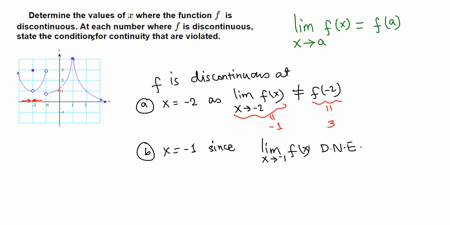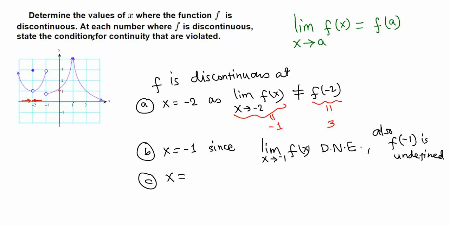Moreover, the function is not defined at -1 because we don't have a dot. Also, f at -1 is undefined. There are two violations, but one would be enough for a function not to be continuous.